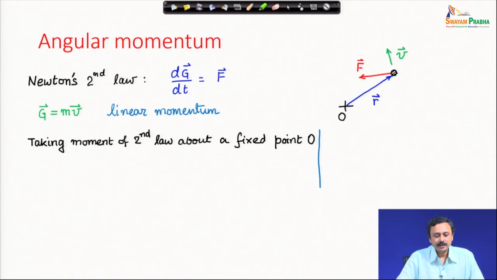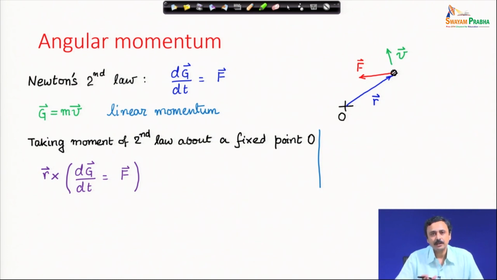If I take the moment of the second law about this fixed point O, then what happens? Let us see that. Moment of the second law about O means I do an r cross on both sides of the second law. Moment of any vector I can define this way: the arm vector cross the vector whose moment I want to find out.